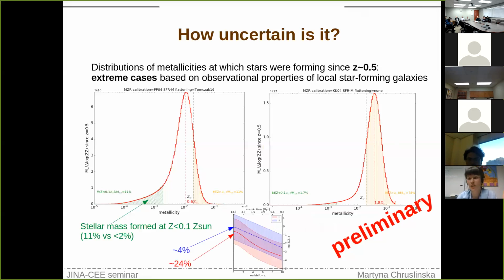And we can contrast this with our just discussed example of the red and blue case. So in the blue case, this would be 4% low metallicity star formation, while in the red case, it would be 24%, which, well, so based on observational properties of star-forming galaxies, we would conclude that in the red version of the universe, we were overestimating the low metallicity star formation.